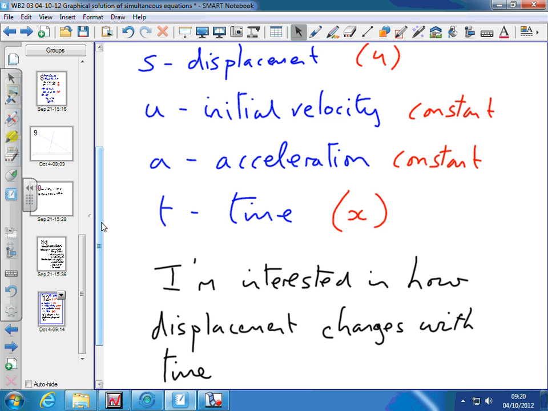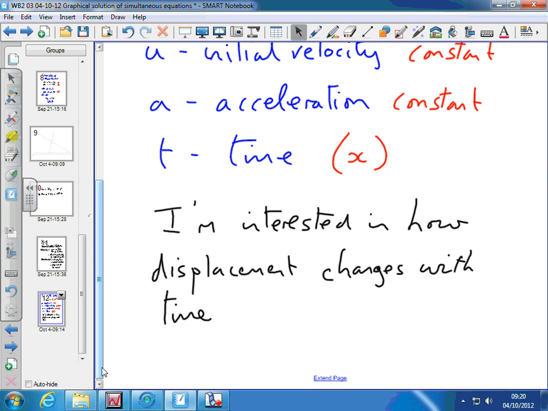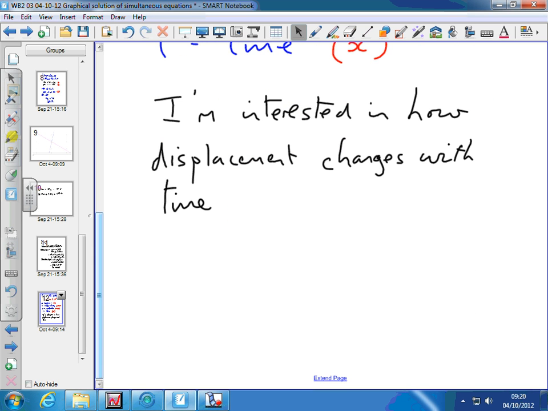So let's plot this on Autograph. What am I actually going to plot on Autograph? Here's the original formula. That's supposed to be a plus.